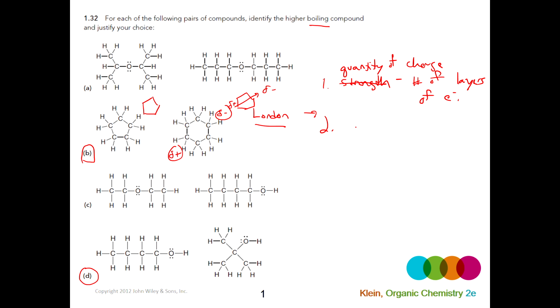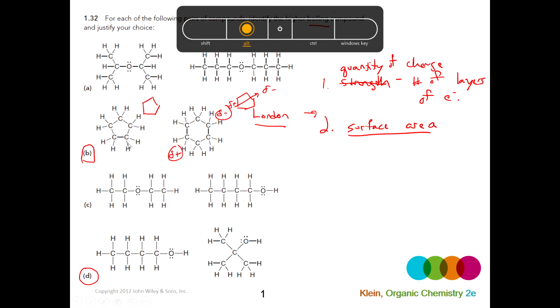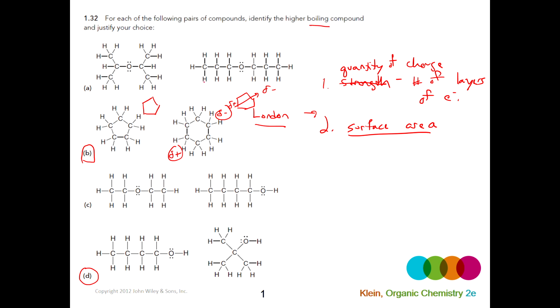So the second factor is going to be the surface area. And that's the key factor that allows you to answer both B and D, as we'll see. So here, if the ring is smaller, there's not as much surface area as there is in a larger ring.